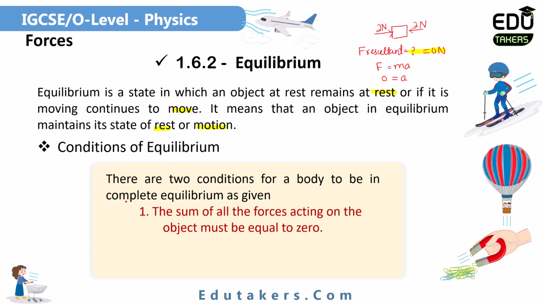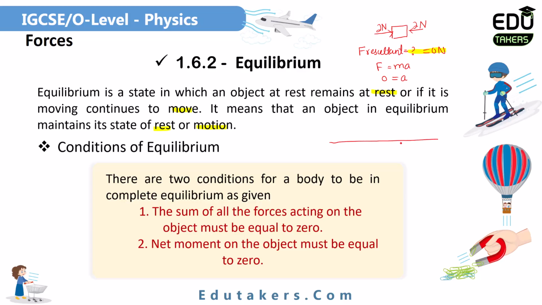After that, you also know about the moment of the force, that is the product of the force and perpendicular distance. The net moment on the object must be equal to 0. What does this mean? Suppose there is a ruler and here is a pivot.